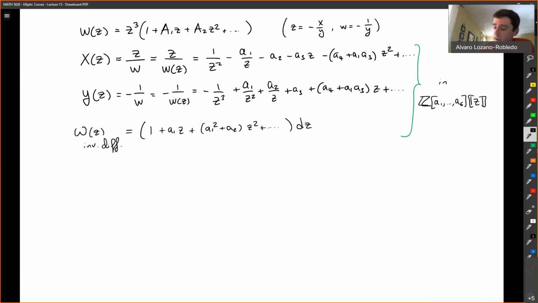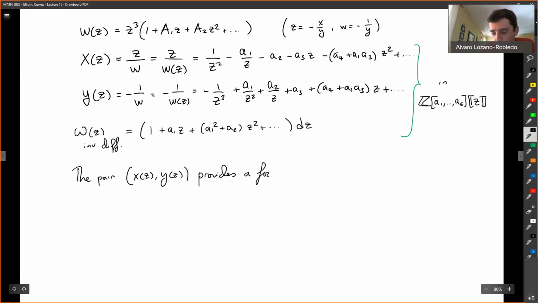You can prove that. And the key thing is that the pair X(Z), Y(Z) provides a formal solution to our Weierstrass form.